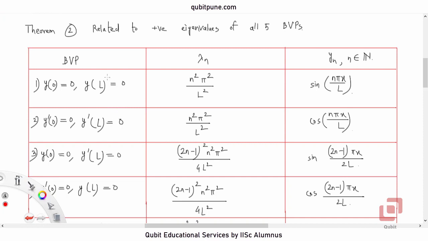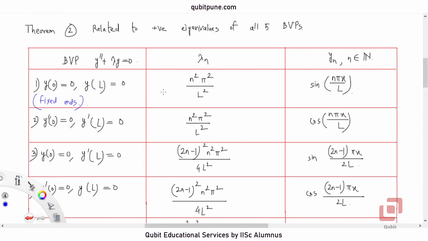Okay, so the problem remains the same. We have the differential equation y double prime plus lambda y equal to 0. Let us consider the first boundary condition, which may represent fixed ends, or both ends being kept at equal constant temperature: y of 0 equal to 0, y of L equal to 0.